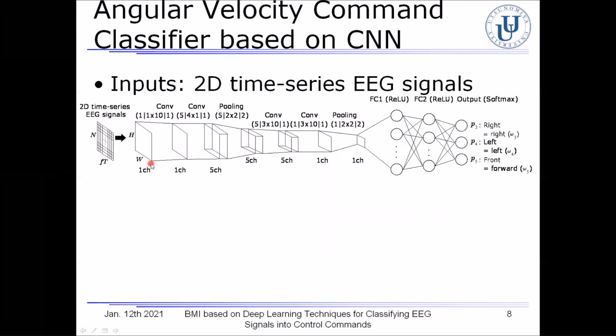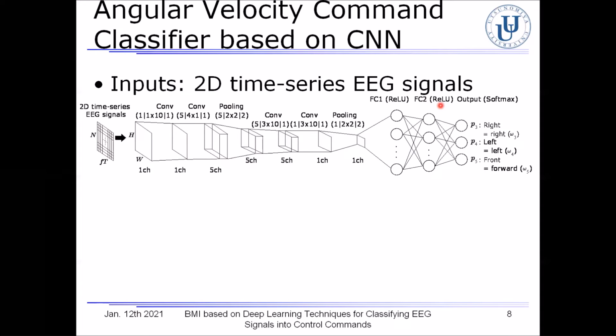From the input 2D time series EEG signals, the signal features of the EEG, depending on the face directions, are extracted through the convolutional and pooling layers. The extracted signal features are inputted into the fully connected layers FC1 and FC2. In these layers, the ReLU activation function is applied to all the nodes.